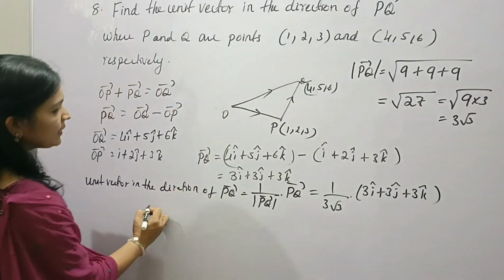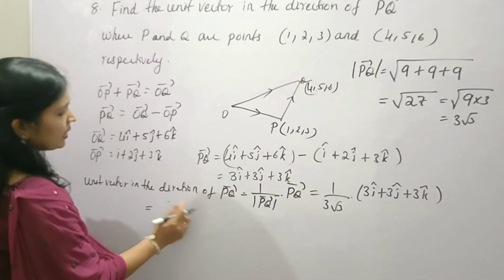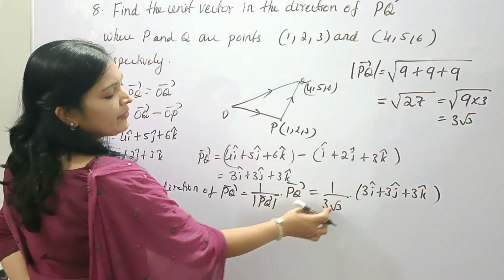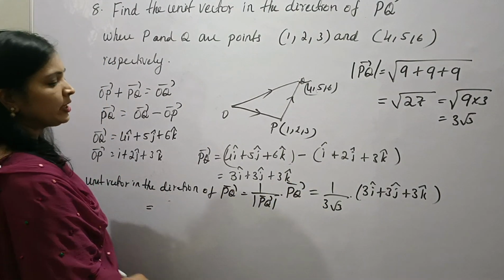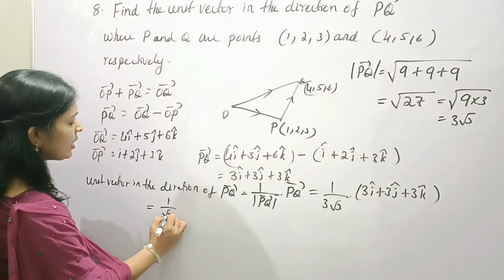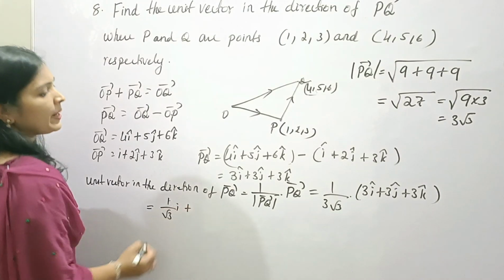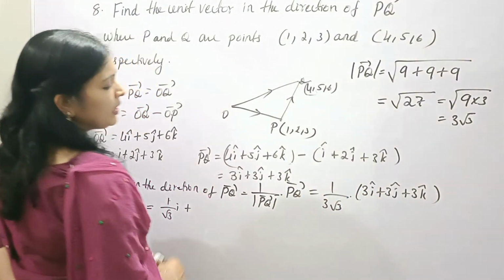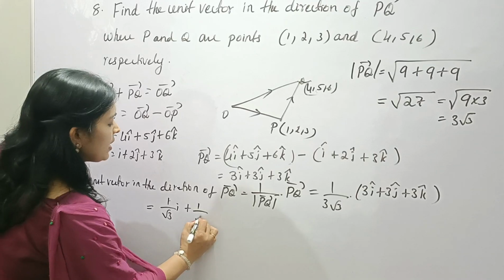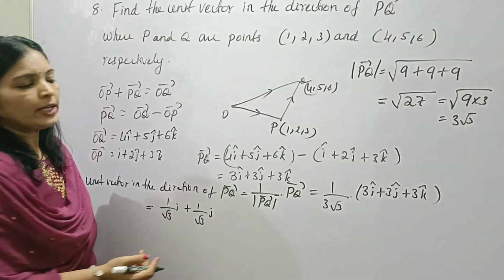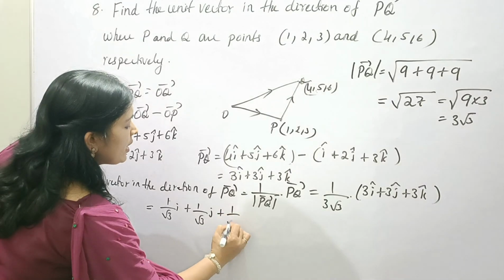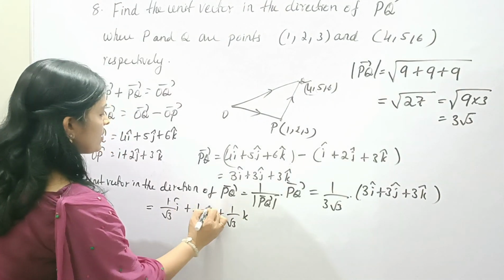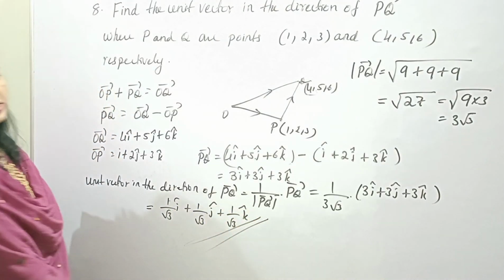That is 3 divided by 3 root 3, that is 1 by root 3 i, plus 1 by root 3 j, the 3 cancelled, plus 1 by root 3 k is the required unit vector.